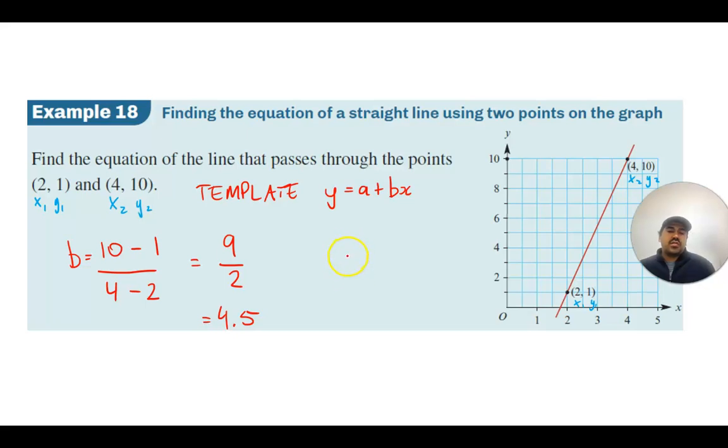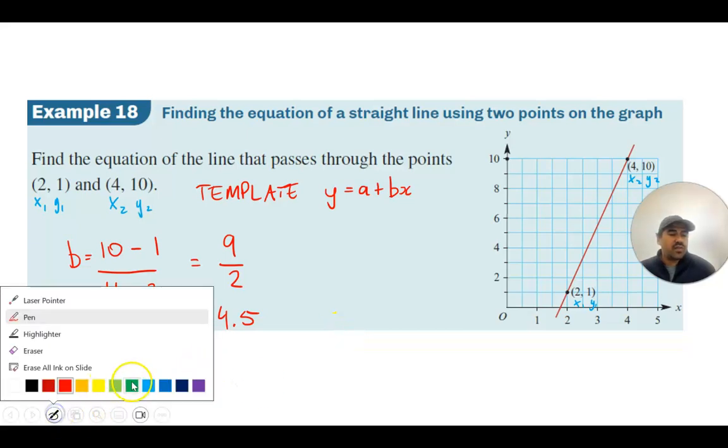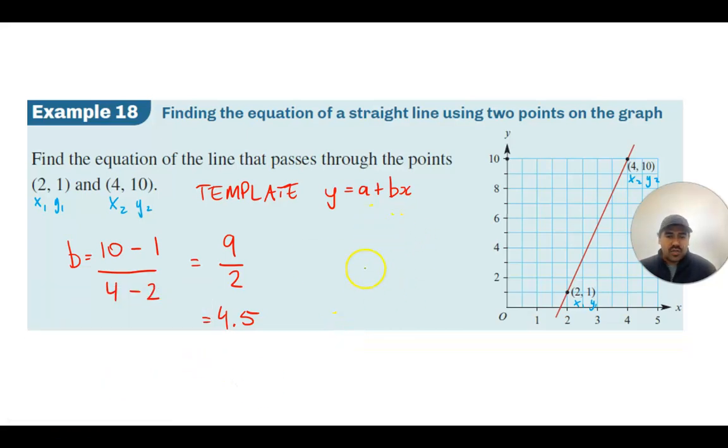So at this point, you're kind of thinking, how do we get a if it's not visually shown to us? And what do we do in order to do this? Well, what we can do is we can fill out this part of the formula. We know that our corresponding slope for this graph here is 4.5. Okay, that slope is 4.5.